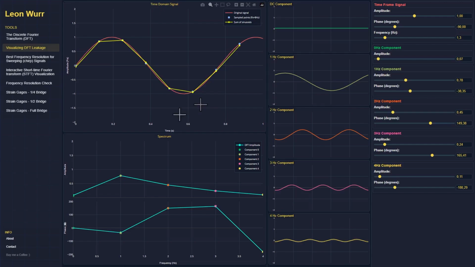So you will almost always have this leakage problem happening on your spectrum. That means that you cannot trust the amplitude you see here to be exactly the amplitude you have in your original signal. Especially in this case, my original signal is 1.3 Hz, and I don't even have a 1.3 Hz component in my spectrum. So this is one of the limitations of the algorithm.